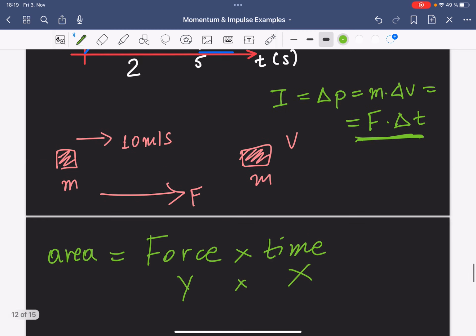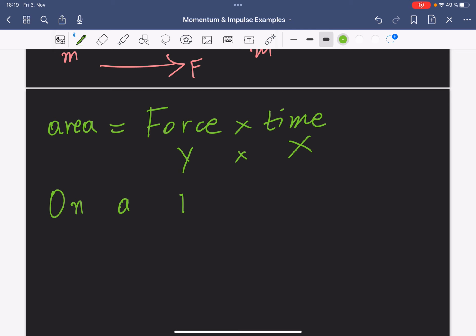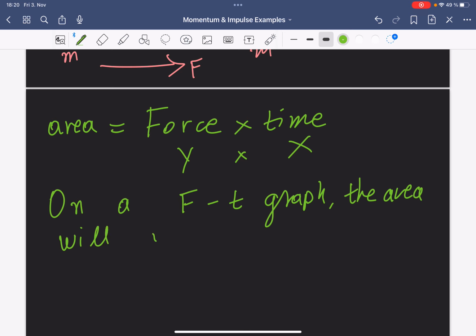Okay, but now force times time is going to give us the impulse. So we can say that on a force-time graph, the area will give us the impulse.